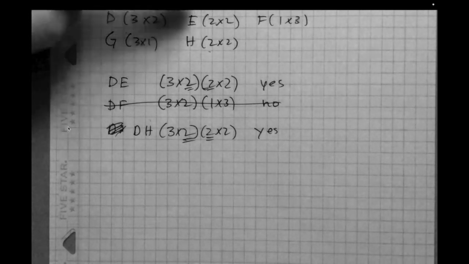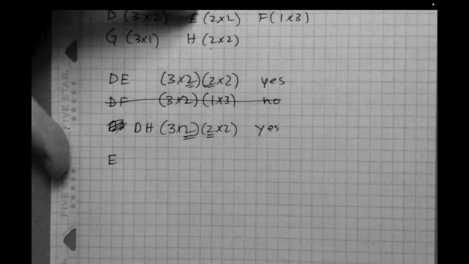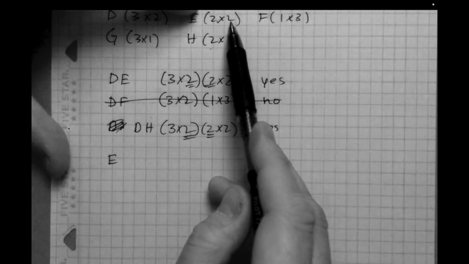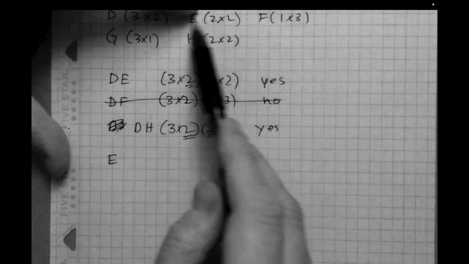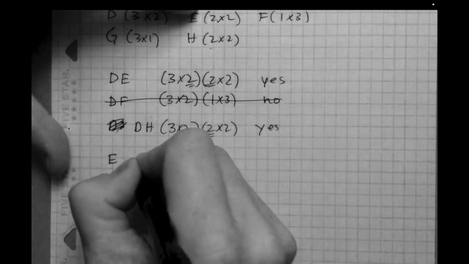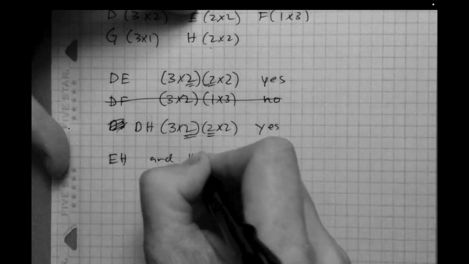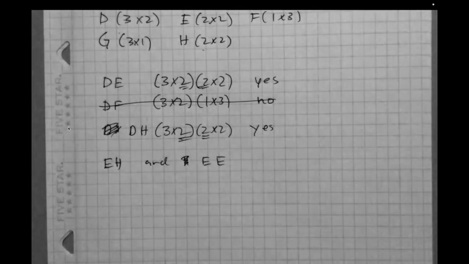What about E? If I have E as the first matrix, which ones can I multiply it against? Well, I just need the number of rows to be equal to 2. So E can be multiplied with H and itself. So E, H, and E, E. E can be multiplied with itself.